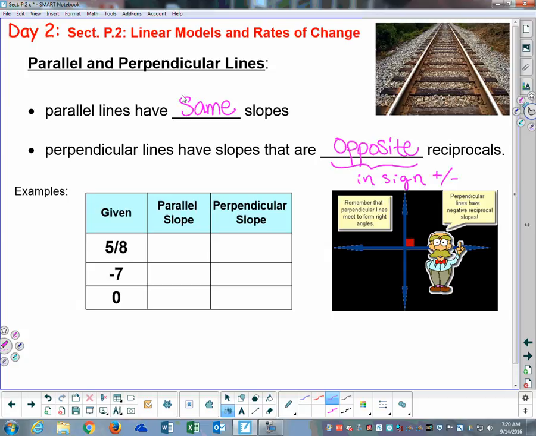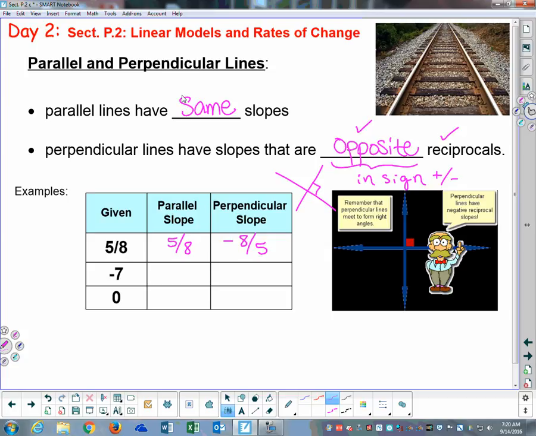All right, so given 5/8, what would be a parallel slope? A line that is parallel will have also a slope of 5/8, and a line that comes in perpendicular, remember, perpendicular is going to be one that makes right angles with it, that will be a slope of negative 8/5 because we have opposite and a reciprocal.